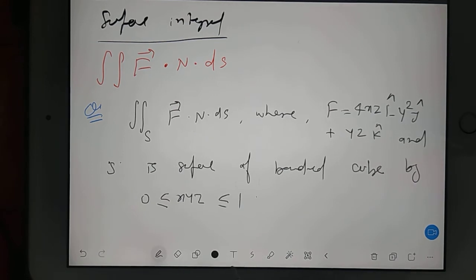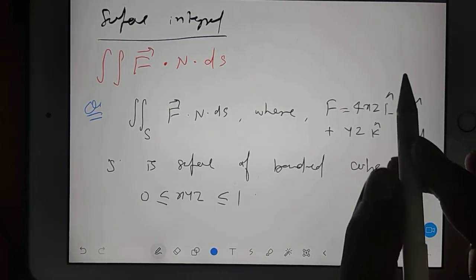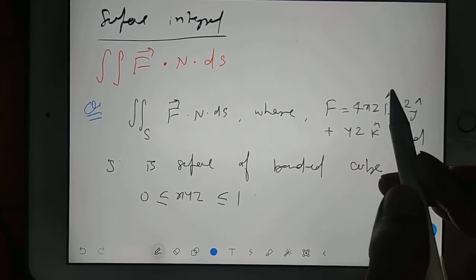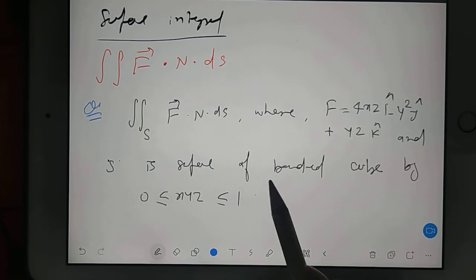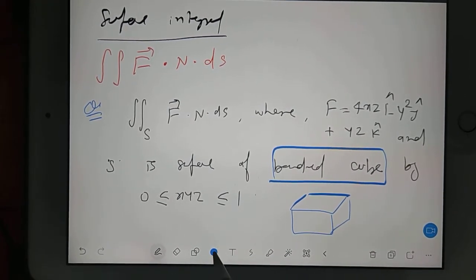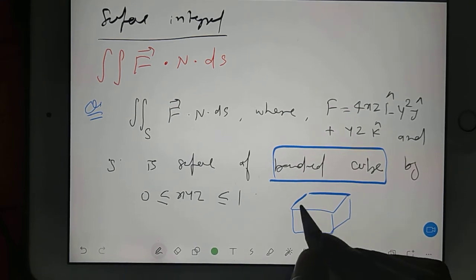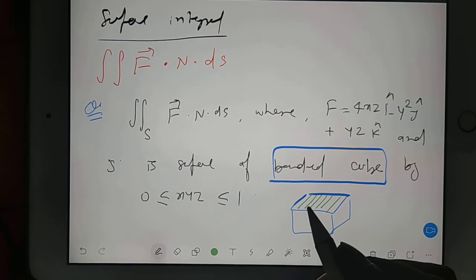Now see, there is a conventional method to solve surface integration. In the conventional method, what do we do? We choose 6 faces of the cube, because this is bounded by the cube. So in the cube we have 6 faces. So the conventional method is, we go and integrate for every face, and it is very lengthy.